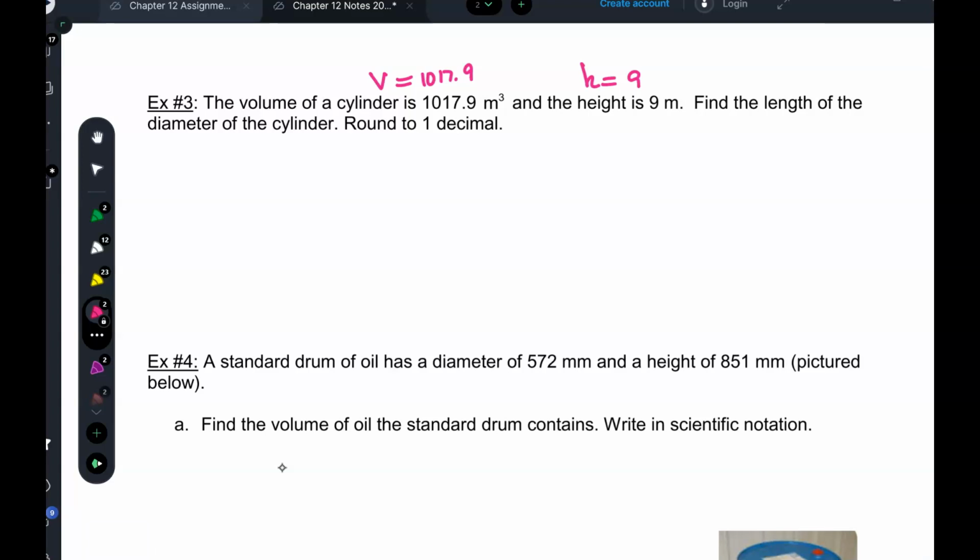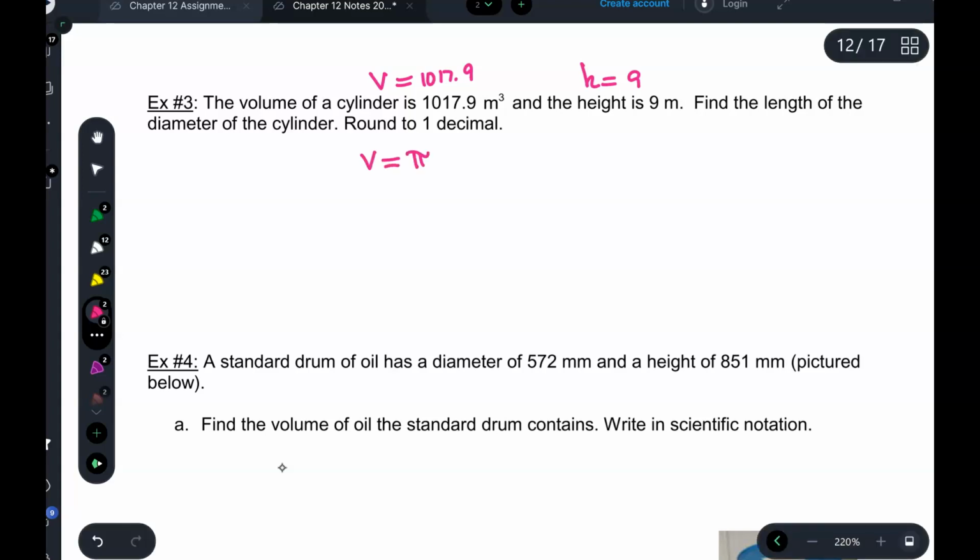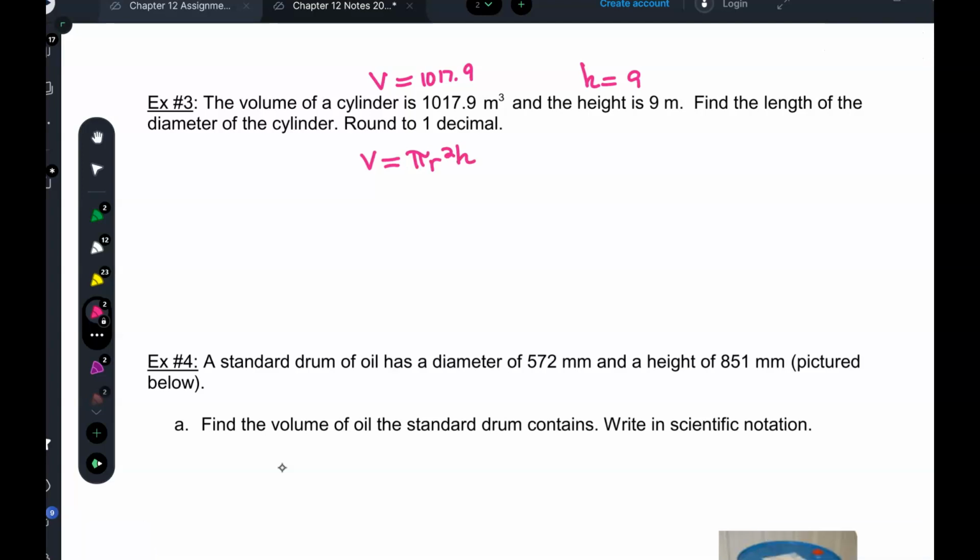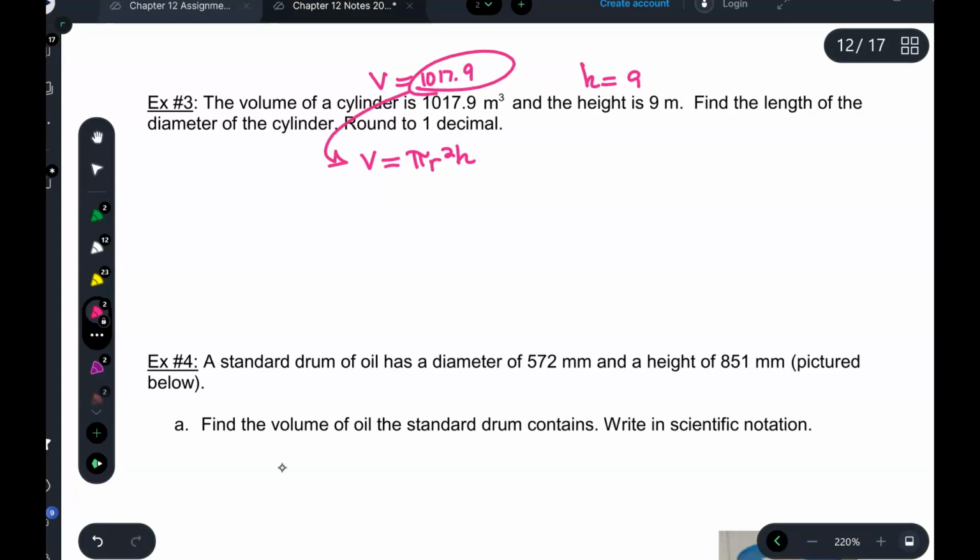Well, hold on. It's saying the volume. What's the volume formula? V equals pi r squared times h. Right, so we're going to plug this in for V. So 1,117.9 equals pi r squared times 9.